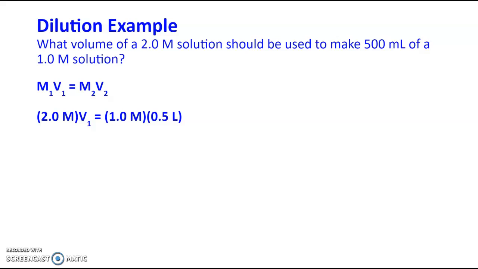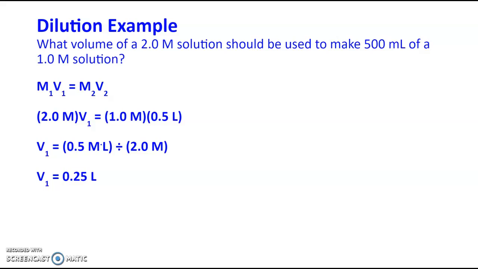We know we want to make 500 milliliters, which is 0.5 liters, and we know we want it to be 1 molar. So we'll plug all those in, and we're going to solve for V1. So we end up dividing 0.5 by 2 molar, which gives us 0.25 liters.